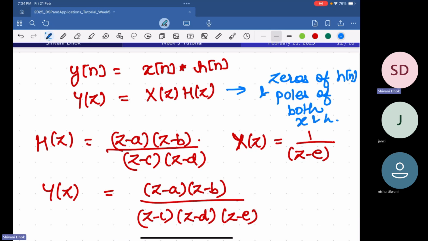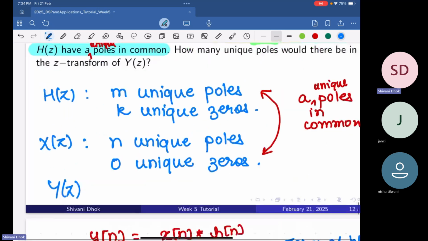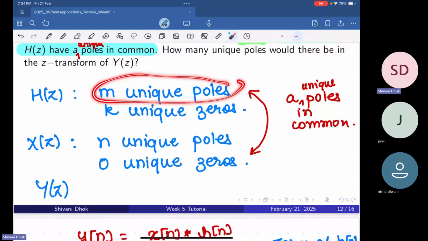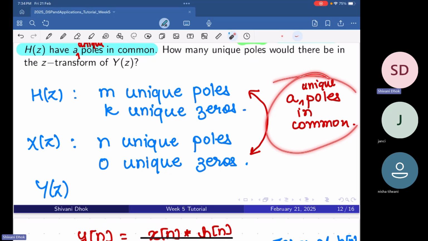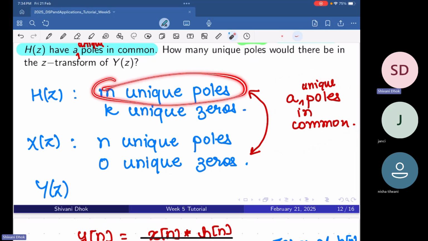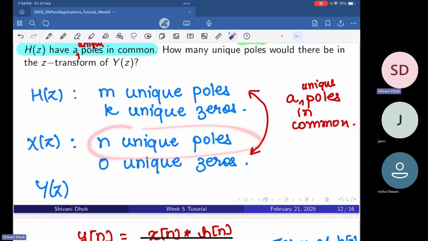So the number of unique poles that we will have will basically be the addition of m poles and n poles. But we are given that we have a poles in common. So if I am adding m poles plus n poles, then in this I am counting these a common poles twice. So I'll have to subtract it.